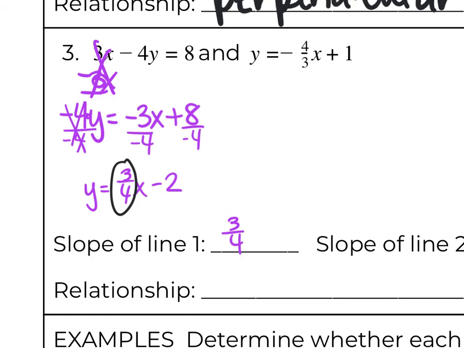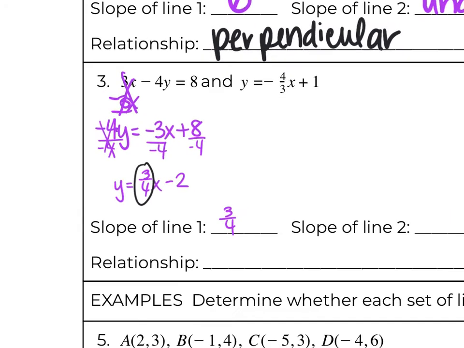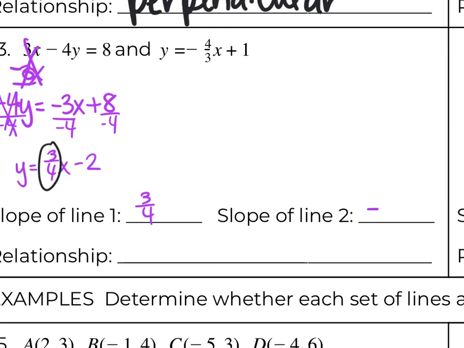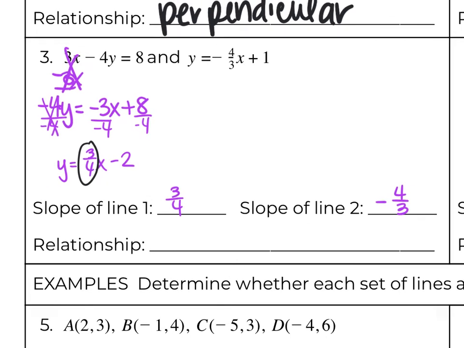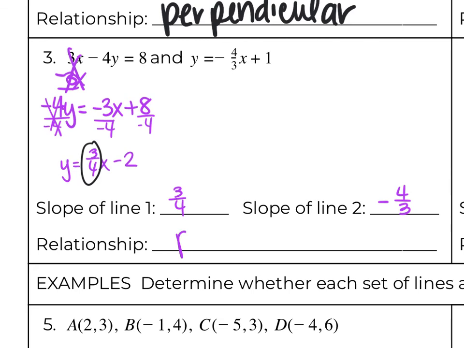It's already done. So what is the slope then? Negative 4/3. And here's where you got to think a little bit. Are those the same? Obviously not, right? Are they opposite reciprocals? Yes, they're different signs, and I flipped one. So what does that make them? Perpendicular. Perpendicular, good. So does that make sense how you recognize those?